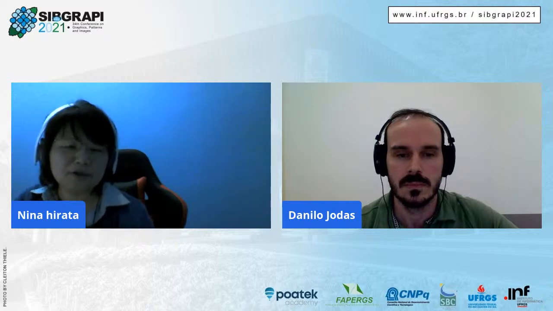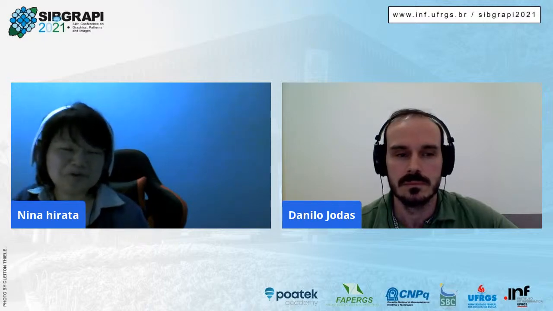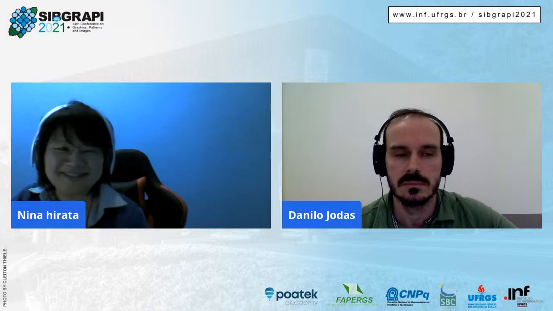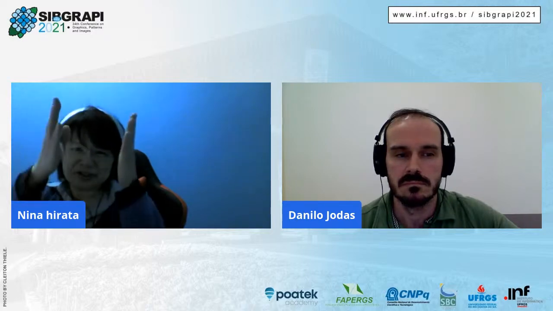And also, there are situations where the tree is straight, but there are other problems. So your method will not be able to detect those situations where the tree is straight, but maybe, I don't know the word in English, it's rotting inside, and you can't see it from the outside. So there are some limitations. Do you agree with that?